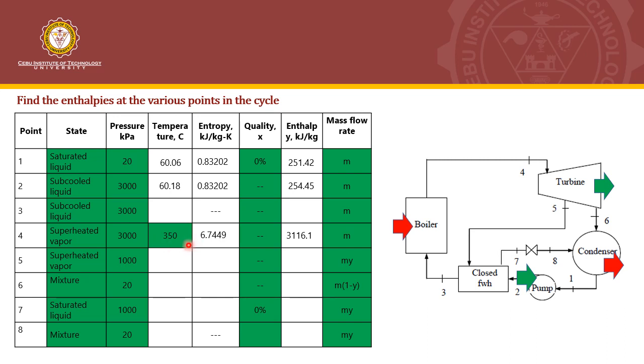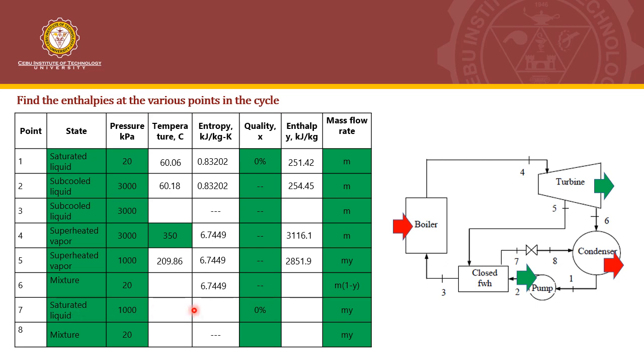And then process 4 to 5 is isentropic, so we just copy the entropy, because here you can see an expansion in the turbine from 4 to 5, so we just have the same entropy. So we can also get the properties at point 5. And then at point 7, we can also get the property, since this is saturated liquid.